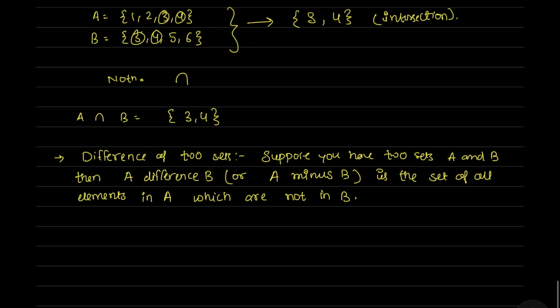We will use the same example as above. A equal to 1, 2, 3, 4, B equal to 3, 4, 5, 6.